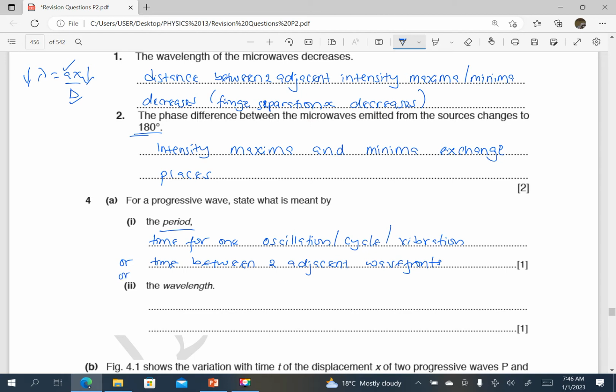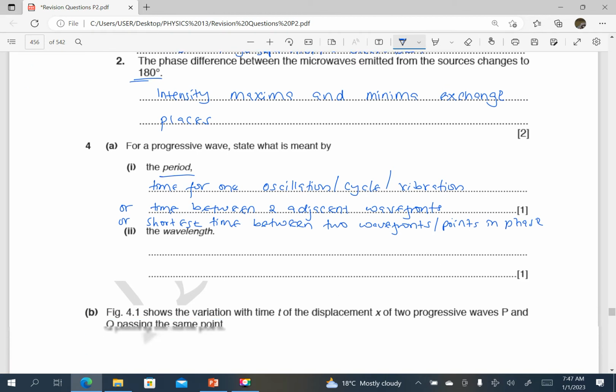It can be the shortest time between two wavefronts, or shortest time between points that are in phase. That is the period.